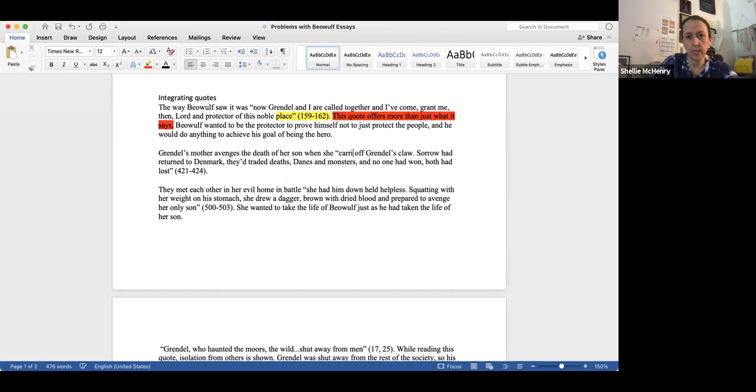And anytime you make a change inside of a quote so that it flows better, you've got to put parentheses so we know it was changed. So Grendel's mother avenges the death of her son when she carries off Grendel's claw. So now that's an integrated quote.